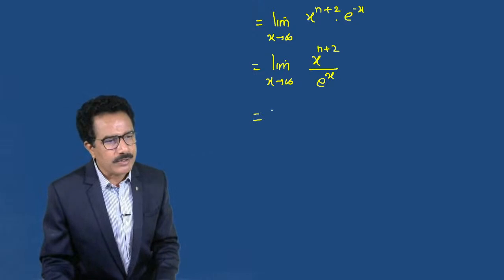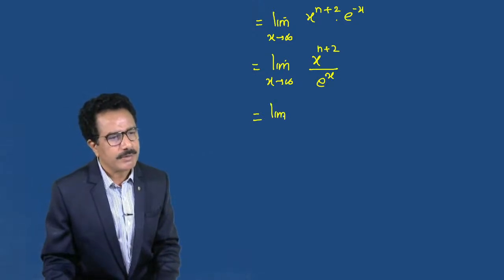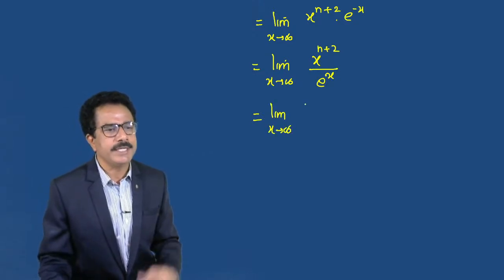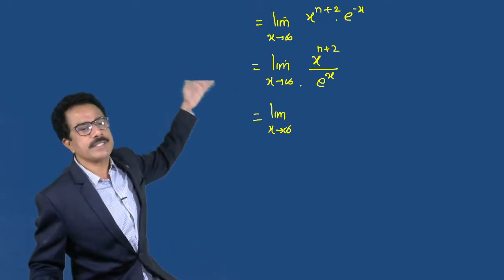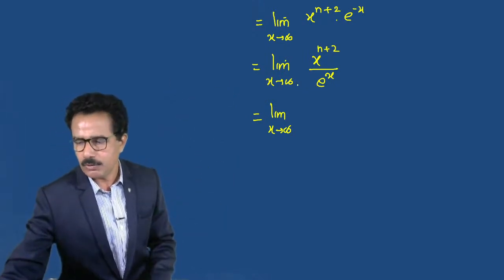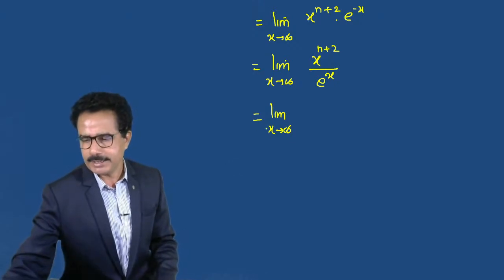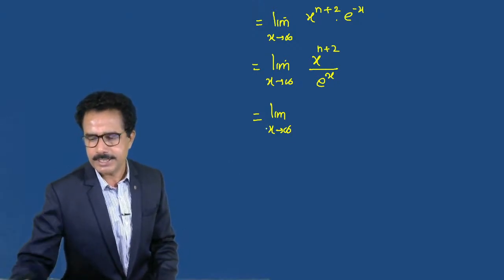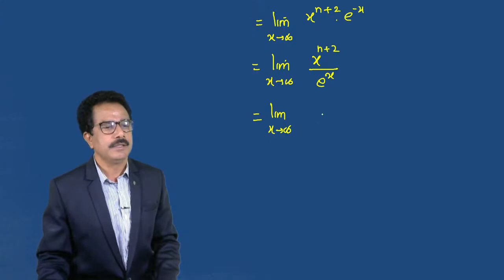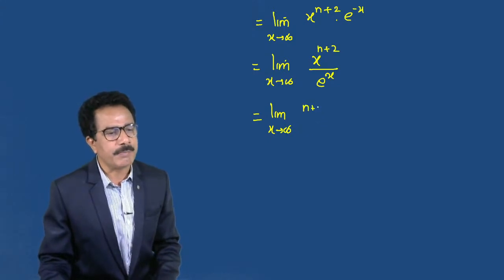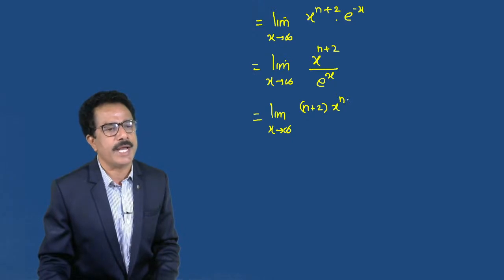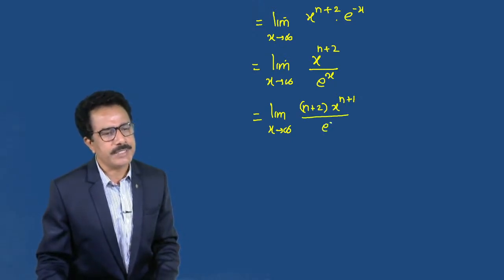So by the L'Hospital rule, limit x tends to infinity, we take the derivative of x raised to n. Now you tell me the derivative of x raised to n. How we can take the derivative of x raised to n? See this, n plus 2 into x raised to n plus 1 upon e raised to x by L'Hospital rule.